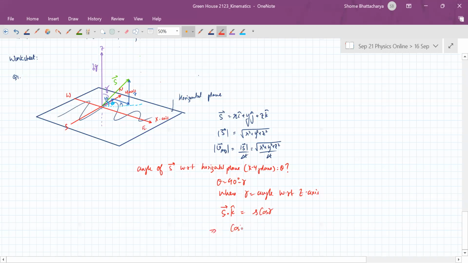So cos gamma is basically z divided by root of x square plus y square plus z square. From this we can find gamma, and then from that we can find theta, because theta is 90 minus gamma.